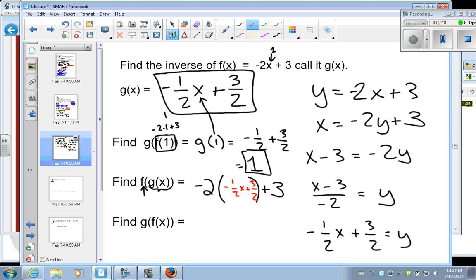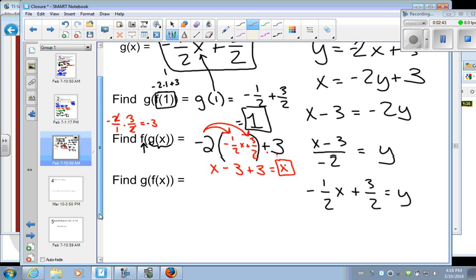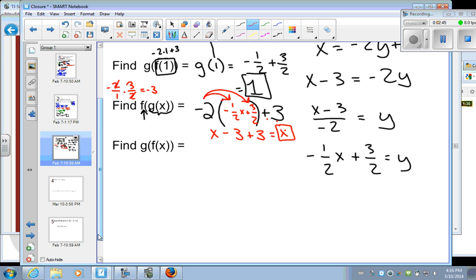Now when I distribute in my negative 2, notice negative 2 times negative 1/2 is just positive 1 times x, which is positive x. Negative 2 times 3/2 is just going to give me negative 3. And then I have this plus 3 over here. And x minus 3 plus 3 is just x. So I got x for that. And if you remember, that's the definition of why they're inverses.